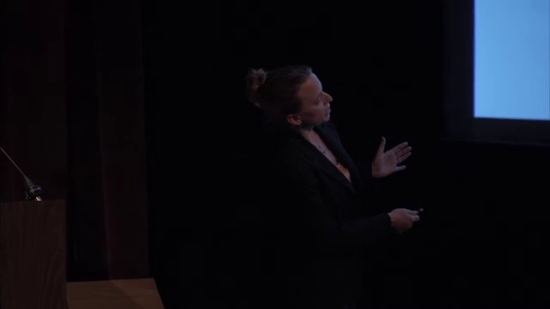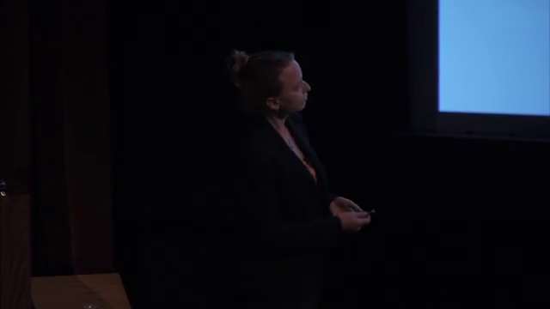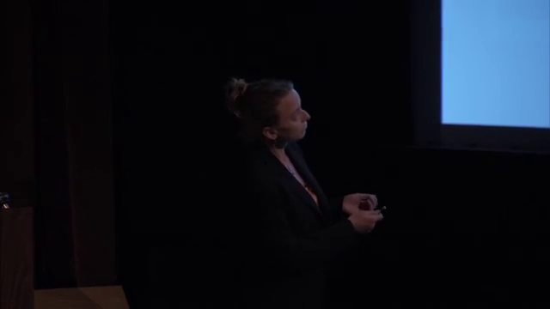But now you may ask, what happens to the material if it gets too hot, or can it get too hot that it rises? And that may provide us with a link to how these very large volume igneous eruptions have occurred in the past or could occur in the future.